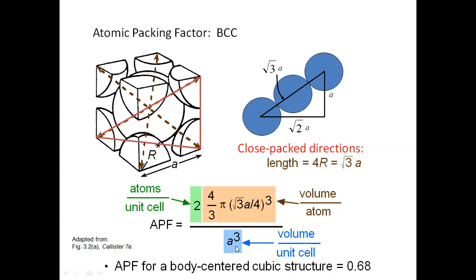For the volume of the unit cell, we use the formula for the volume of a cube, which is length cubed. In this case, we say A cubed because we're using A to depict the size. So A cubed is the volume of the unit cell here at the bottom. Then the volume of the sphere is what we're using here, 4/3 pi r cubed.